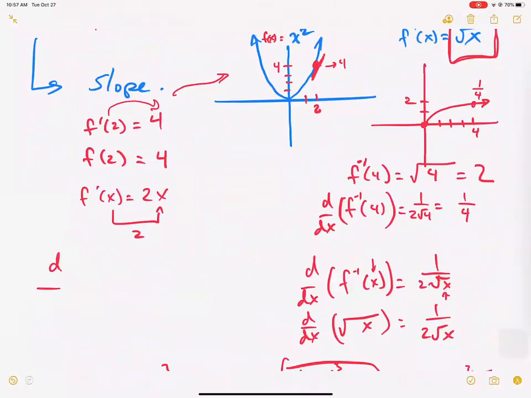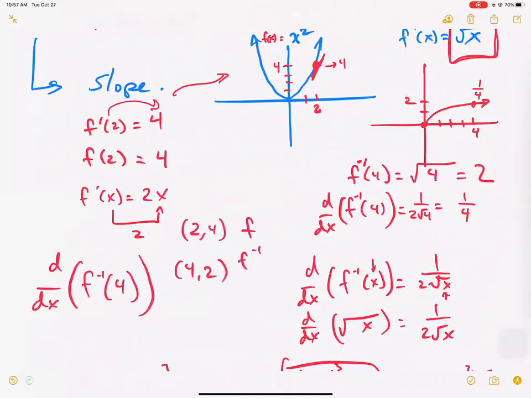The derivative of f inverse at 4. Okay, here's the point. In my regular world, if I plug in 2, I get 4. This is f. F inverse, if I plug in 4, I get 2.